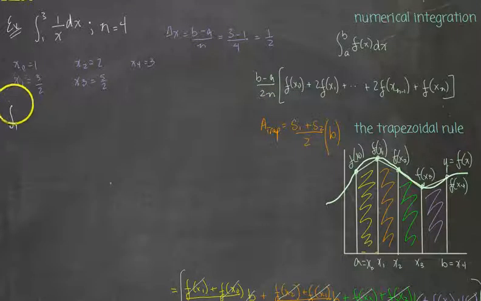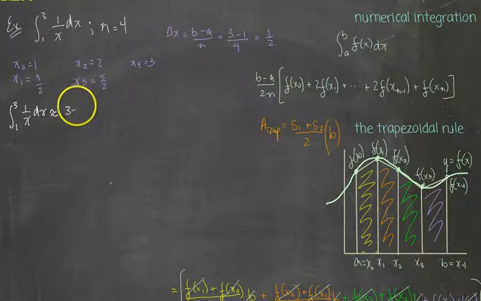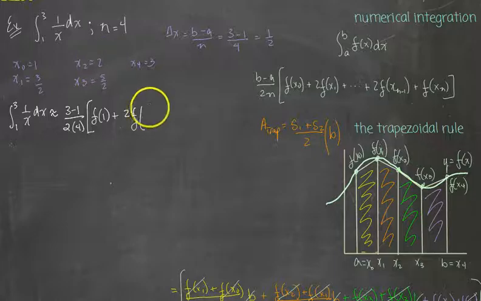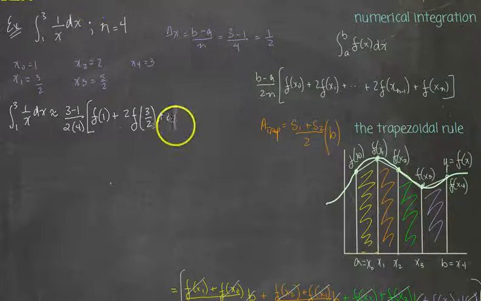So the approximate integral is equal to b minus a, 3 minus 1, over 2 times n, 4, times the f of x0, so we want the f of 1, plus 2 times the f of x1, which is 3/2, plus 2 times the f of our next value.